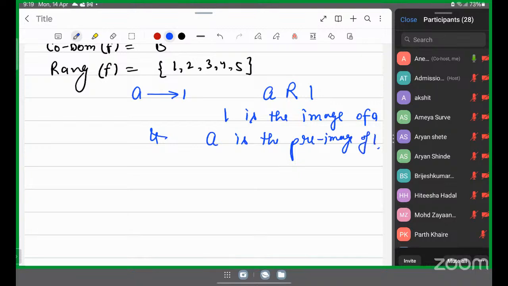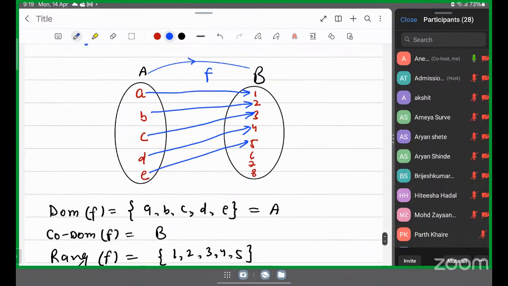Now, could you tell me what is the image of element c in this arrow diagram? Since c is connected with 3, the image of c will be 3. And if I ask what is the pre-image of element 5, the pre-image of element 5 will be e.